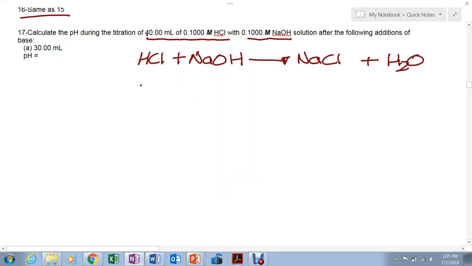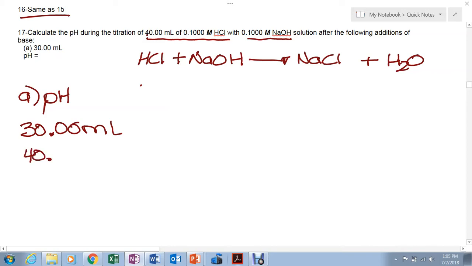Okay, so we got here a strong acid and a strong base, and the letter A is asking for the pH at 30.00 milliliters. The first thing you have to do is calculate the moles or millimoles. Some professors use the millimoles. I don't mind using the moles, but the milliliters you have to convert to liters.